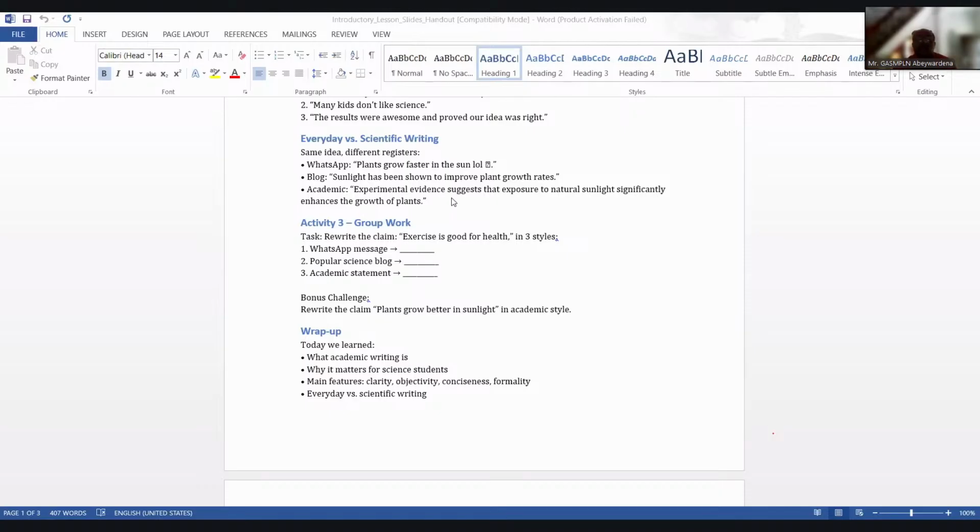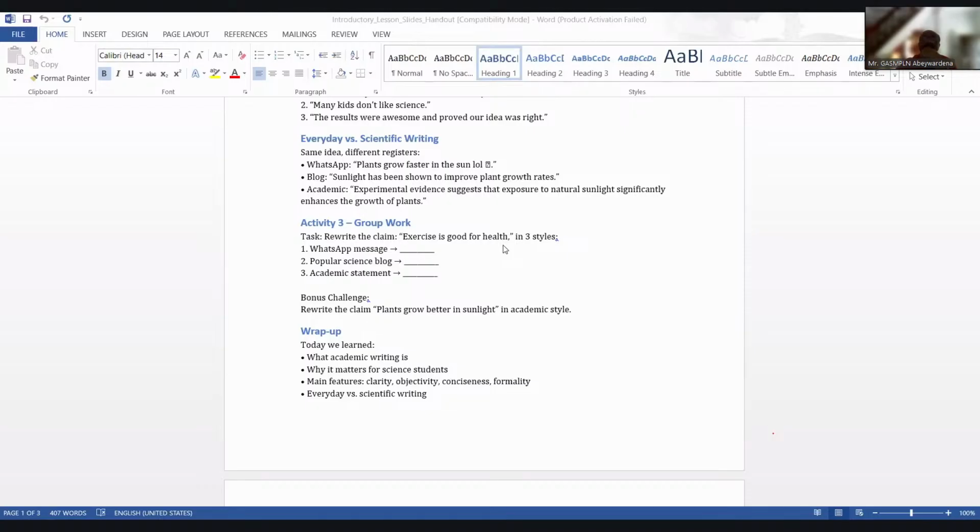Okay. Activity 3. Activities are there. What is the idea? Rewrite the claim: exercise is good for health. That is the idea.